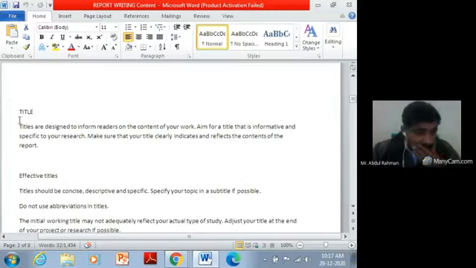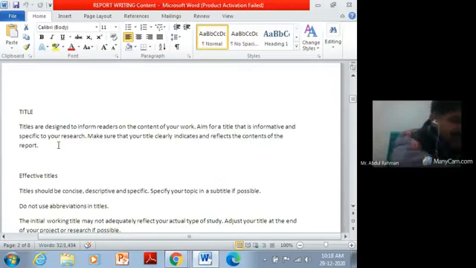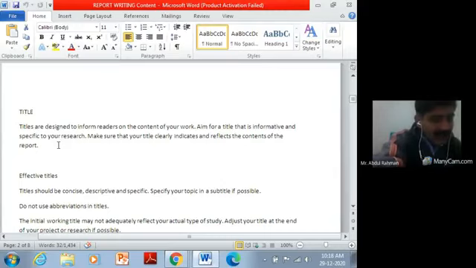Then, first of all, the title. Titles are designed to inform readers on the content of your work, right? Aim for a title that is informative and specific to your research. Make sure that your title clearly indicates and reflects the contents of the report, because our title is always self-explanatory.